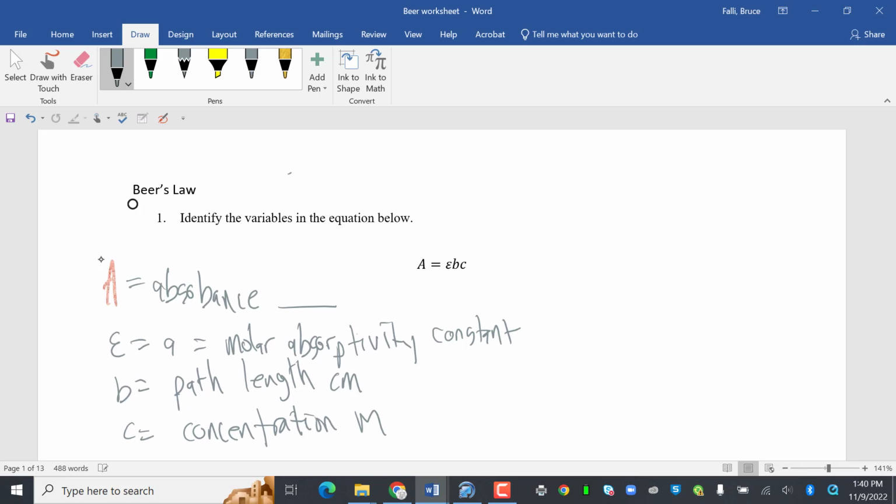So I actually don't know off the top of my head the units for the molar absorptivity constant, but since A is unitless, B is centimeters and C is molarity, the units are 1 over centimeter molarity, or centimeter to the -1 molarity to the -1.